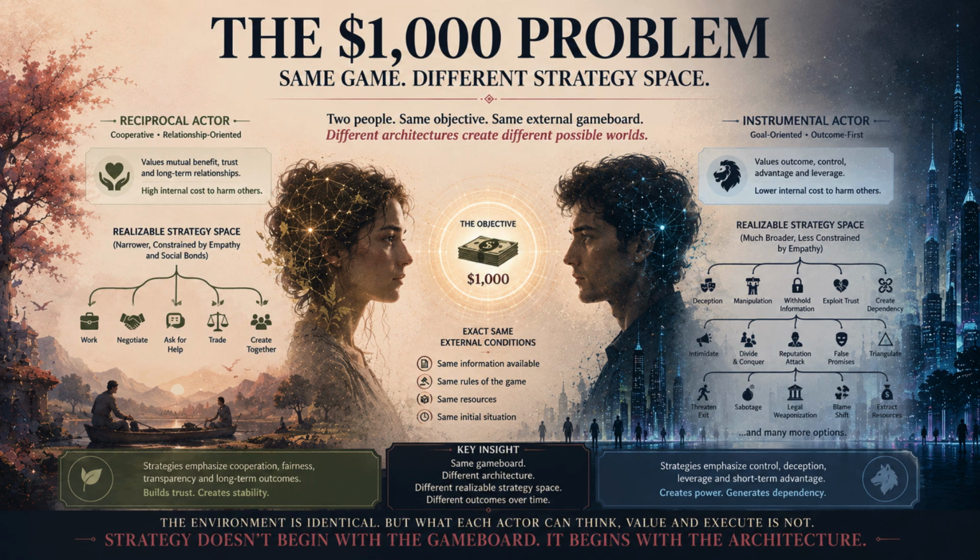So let's think about the instrumental actor on the right hand side. The effective strategy space can actually be wider, right? They might cooperate too. This is important, but cooperation can be used instrumentally rather than treated as an end in itself. They can model the other actor, misrepresent intentions, manipulate information, manufacture trust, create dependency, or exploit a difference if those strategies maximize expected reward.